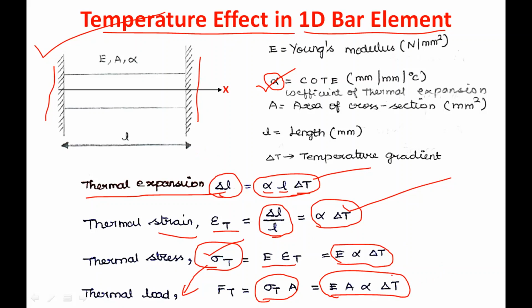For del T temperature rise, this amount of load is acting on the member, which is called a thermal load. The direction of the thermal load depends upon the nature of the temperature rise or temperature fall. If there is a temperature rise, then the thermal load will be like a tensile load acting away from the member. If there is a temperature drop, then the thermal load will be like a compressive load. It will act towards the member.